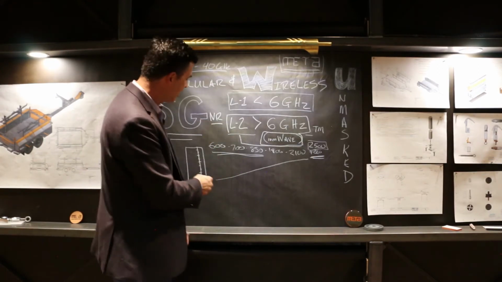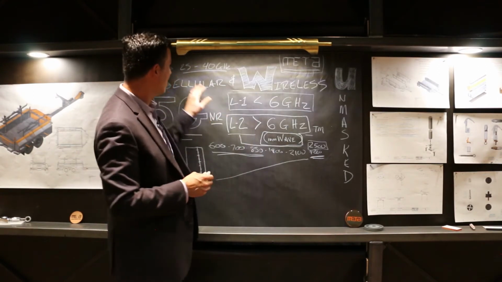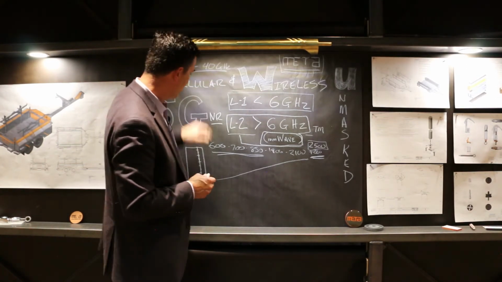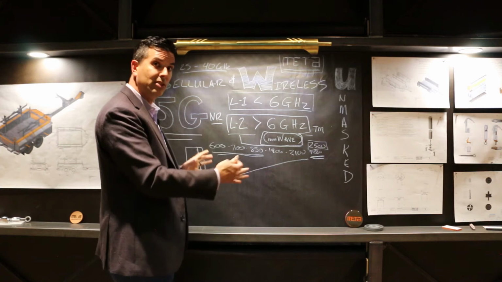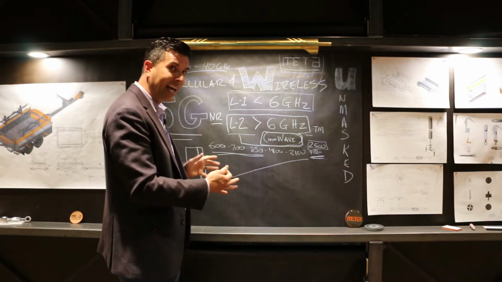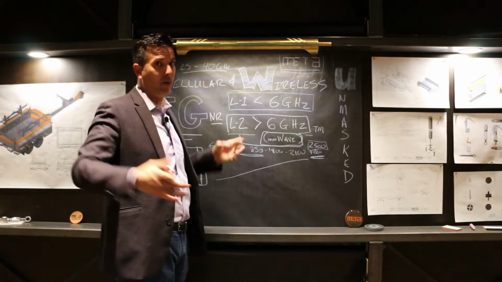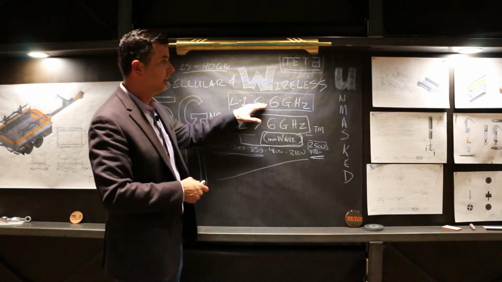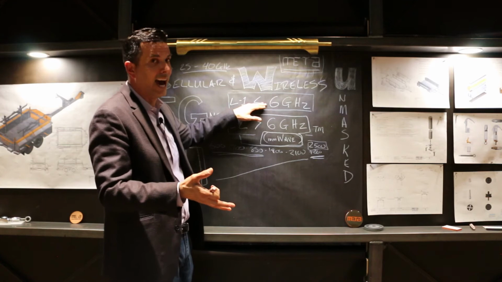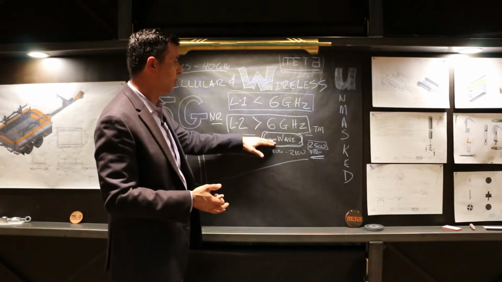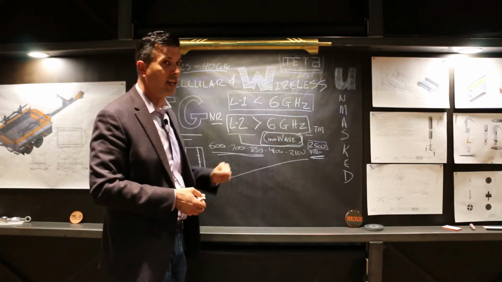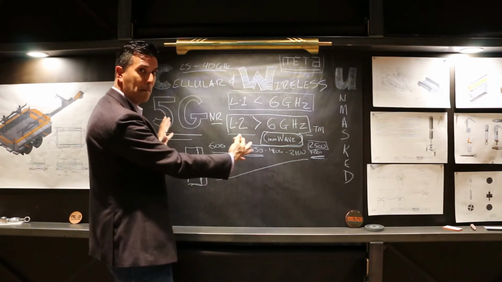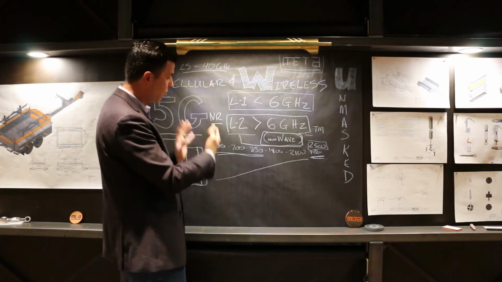And you do that because at these high frequencies, these 29 to 39 gigahertz frequencies, the attenuation, the loss of signal in the coax is so high that you don't want to have that separation of the radio from the antenna. You can do that sub 6 gig. You have loss, but it's negligible. But in the millimeter wave, that L2 above 6 gig, that loss is huge and it hurts your signal. So what they do is they combine the radio and the antenna into one unit.